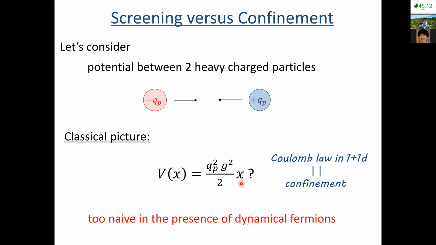And 1+1 dimensions is special because the Coulomb law is the same as the picture of confinement, since we have a linear behavior. But this expectation is too naive in the Schwinger model because we have a dynamical fermion.